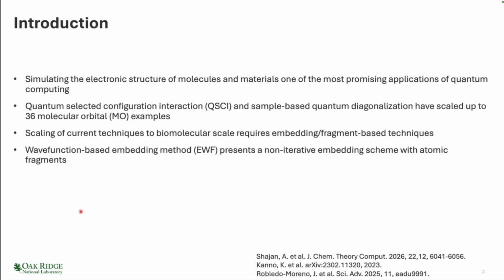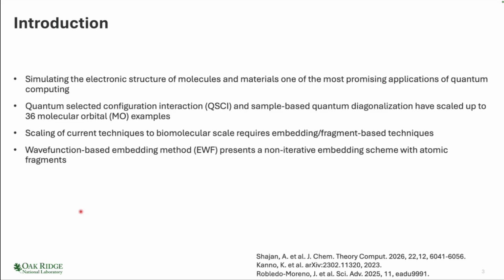In the specific paper we're looking at, they'll be using what's called wave function-based embedding methods, or EWF, which is a non-iterative scheme that uses atomic-based fragments. In the systems we'll look at, the first one is a 303 atom protein, and then it goes up to 12,000 atom proteins.